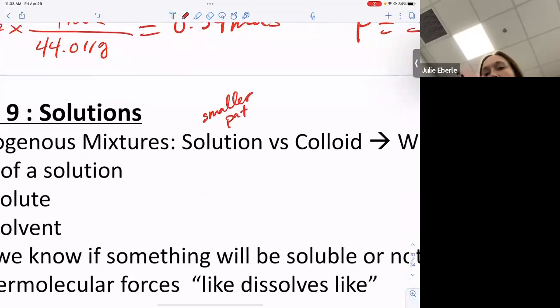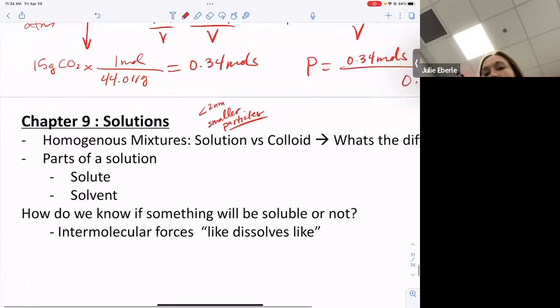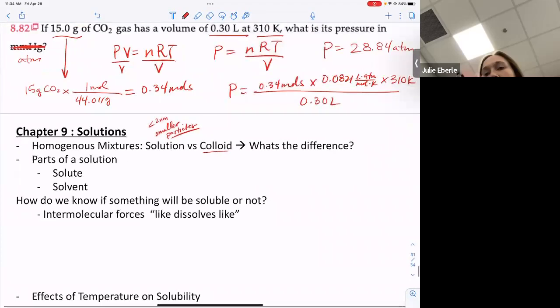This is the main difference. Smaller particles, like particles that are smaller than 2 nanometers in size. Nanometers are really small, right? Colloids have larger particles. Milk was an example of a colloid. What is in milk? Fats, proteins, sugars, all in milk. So it's got larger stuff in it. So colloids have larger particles.